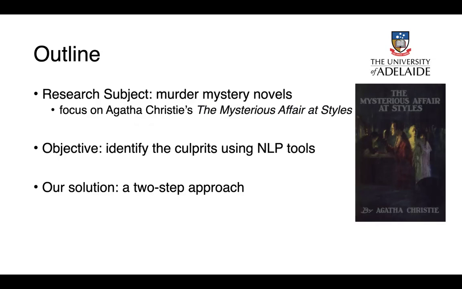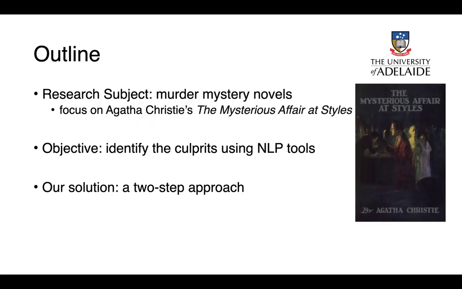In murder mysteries, there is usually a detective who investigates the crime committed, and there are also culprits who are responsible for the crime. Our objective is to identify these culprits using NLP tools.